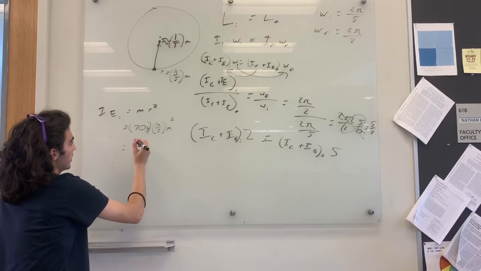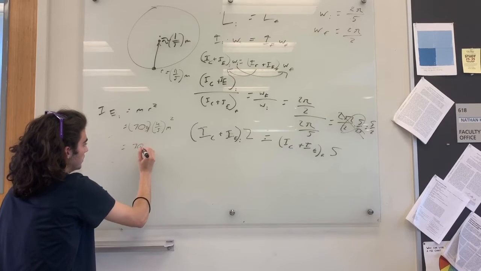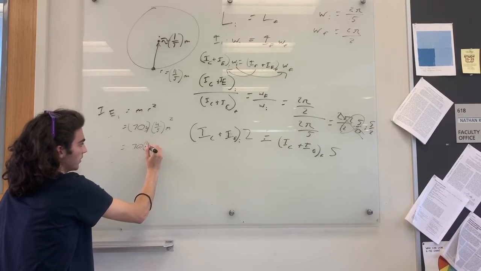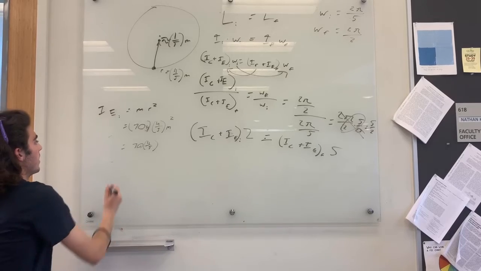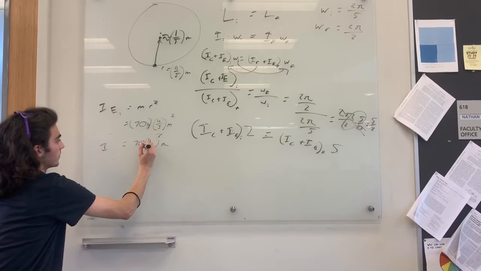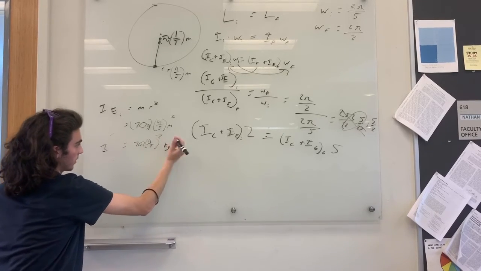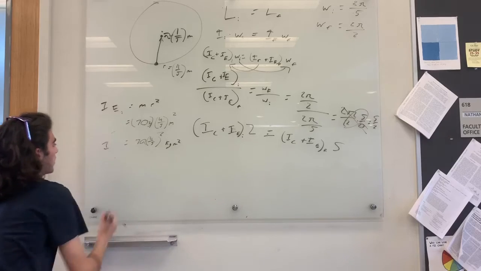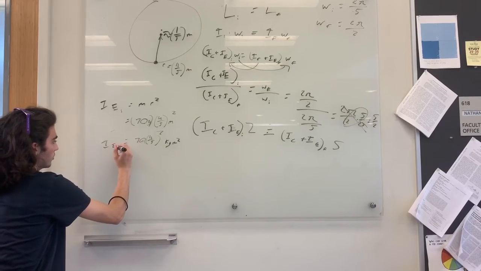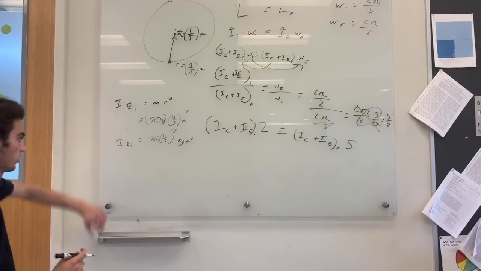This gives us 70 times 4/5 squared, and we're going to leave it in fraction form, in kilogram meters squared. That equals my individual initial moment of inertia.